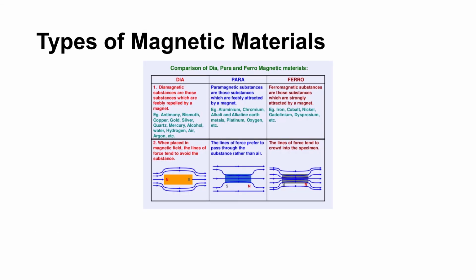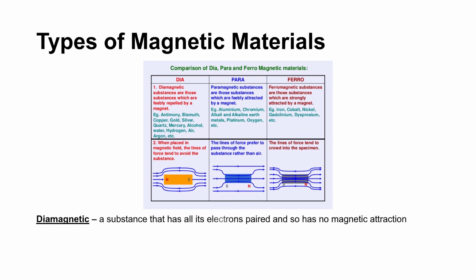Now various materials have different levels of magnetic properties. These are separated into diamagnetic, paramagnetic, and ferromagnetic. Diamagnetic materials are substances in which all of the electrons are paired, and so there are no magnetic interactions.